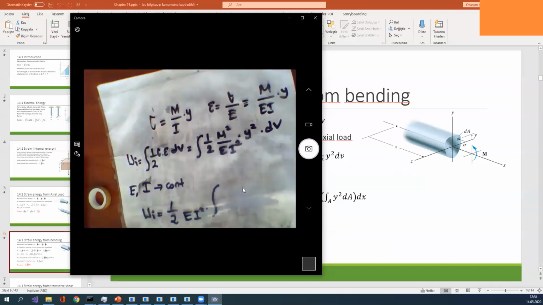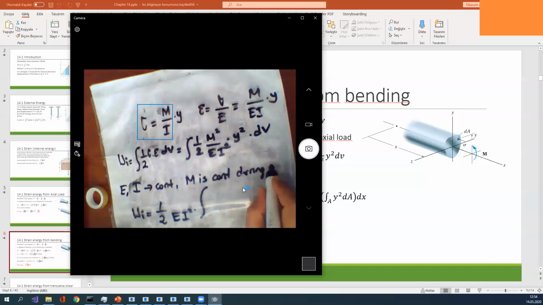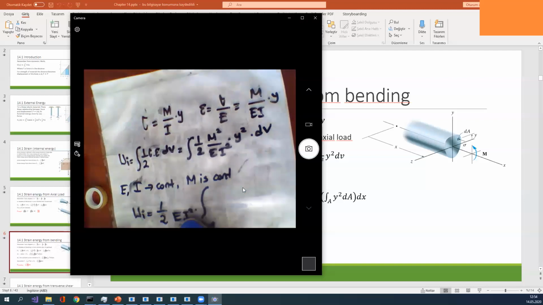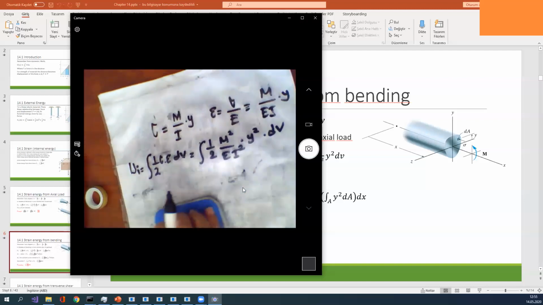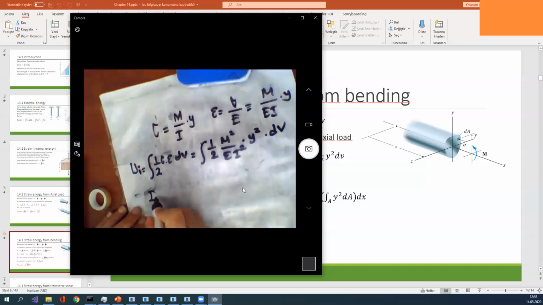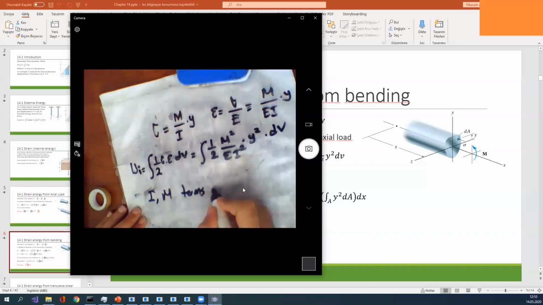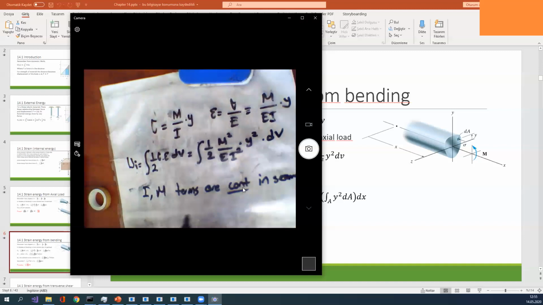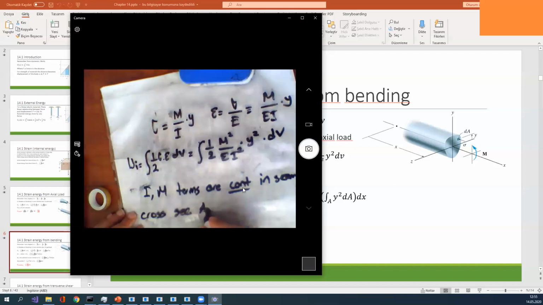Also, moment is constant... okay, sorry, I can change to a different technique. So the I and moment terms are constant in the same cross section area.